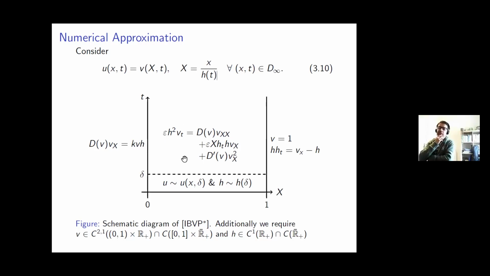Now, with this PDE we have a bit of a problem as well, in that you can't start this numerical method from t equals 0, because this PDE is degenerate at t equals 0. The numerical method just goes out of control if you try. So instead of starting the numerical method at t equals 0, we start at t equals delta. The initial values we take at t equals delta are given by those small t asymptotic estimates for the problem.